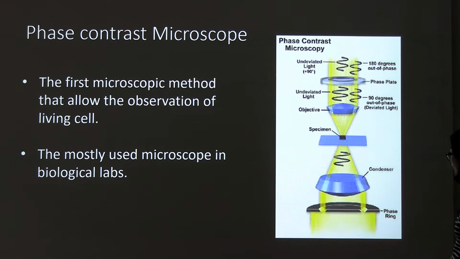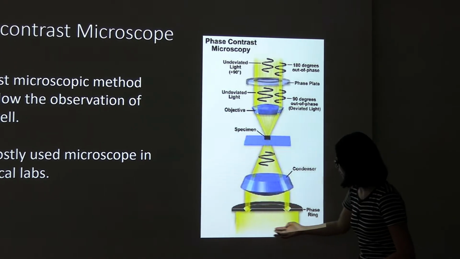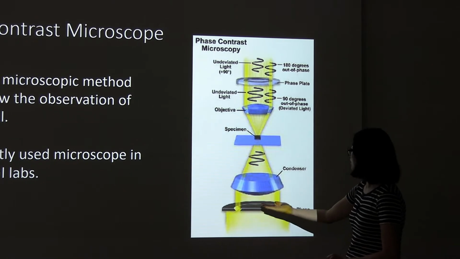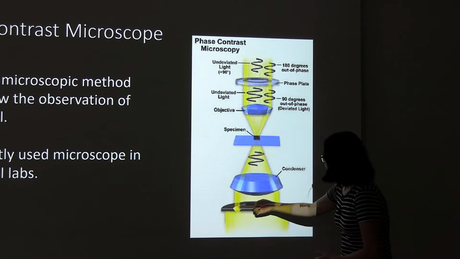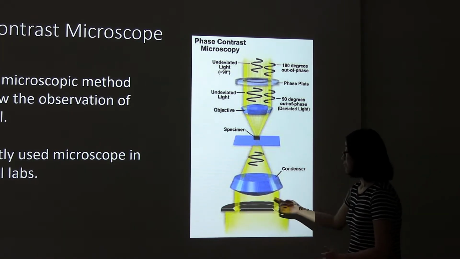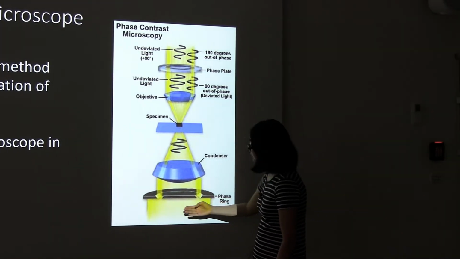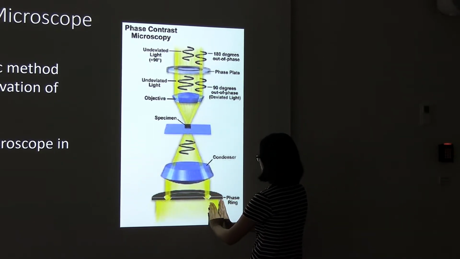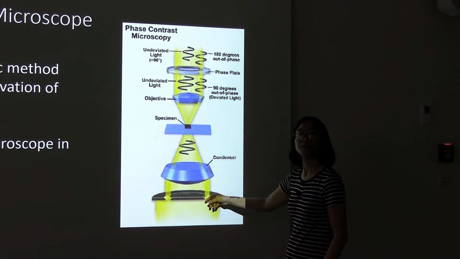So as you remember, in the bright field microscope, the light goes through from the light source. And before it enters the condenser lens, there's an extra material, we call it a phase ring, which filters the light and lets only light with the same direction go through this material.